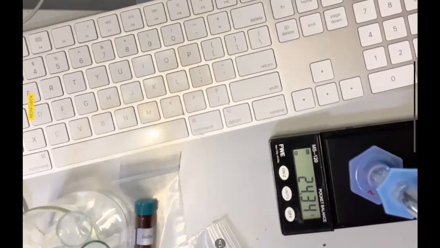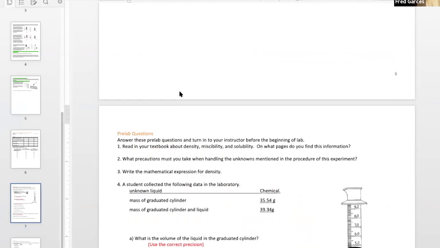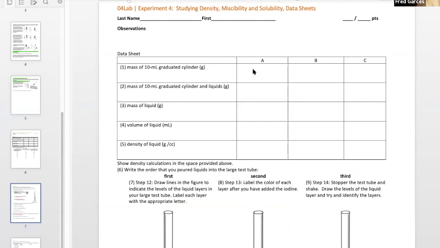Then I'm going to put that in my observation. Let me do this real quick. I'll share my computer screen. Hold on. So in my observation, I'm going to be putting the mass of the graduated cylinder for A, not for B or C. Then the mass of the graduated cylinder and the liquid. In this case, it's 24.34. I know by difference I can calculate this. It's just going to be 2 minus 1.